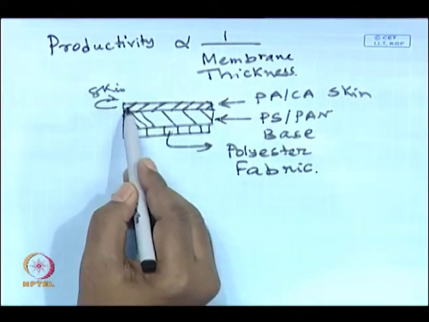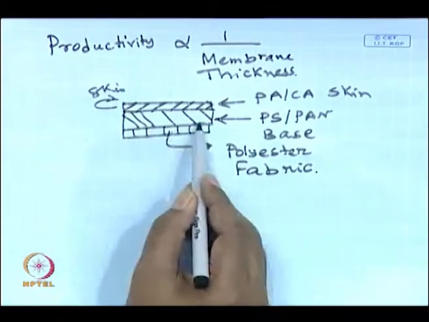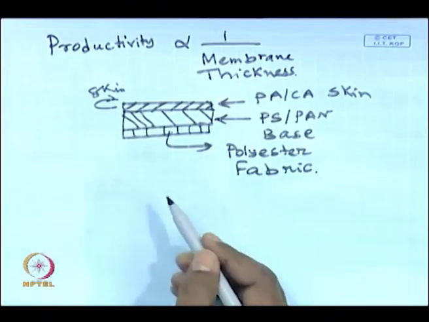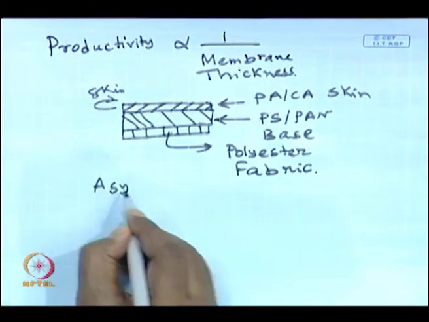Since this thickness is much lower compared to the thickness of the supports, you can expect a higher productivity of the process. This is known as an asymmetric or non-homogeneous membrane.